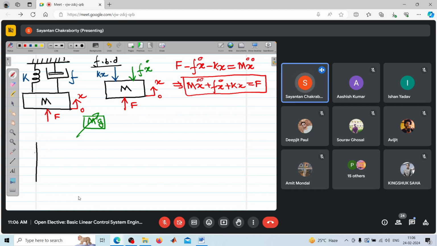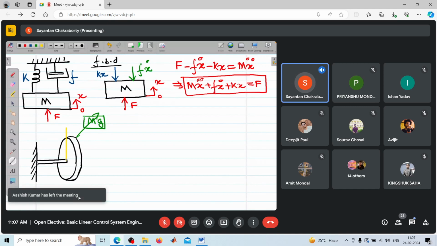Rotational systems are very common because whenever you're dealing with rotating machineries, we have to consider this, that is, any system that involves a fixed axis rotation. So we consider this with the axis.